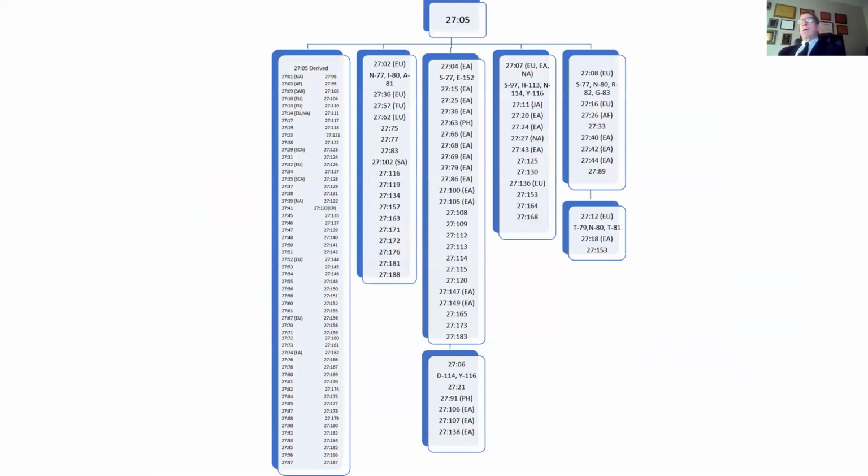And of course, we know B27 has a lot of subtypes. They're derived from the major subtypes I showed you in the last slide, 05, 02, 04, etc. And as of present, we know of 222 different subtypes of HLA-B27.